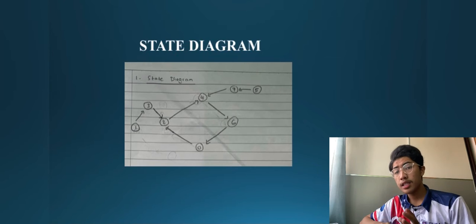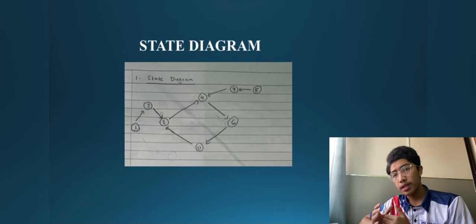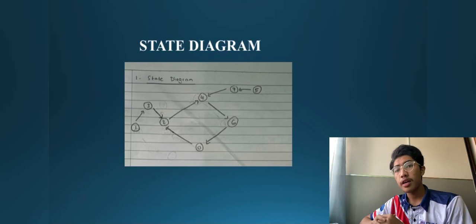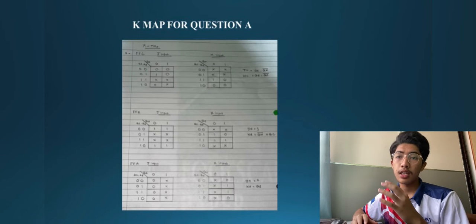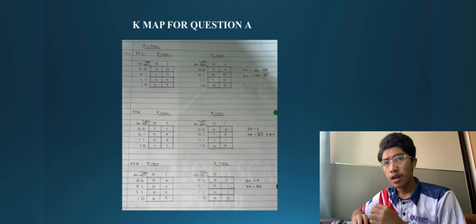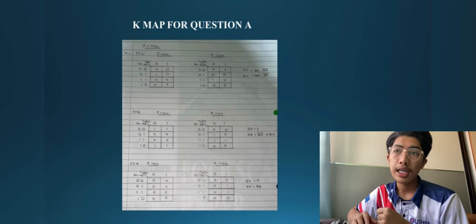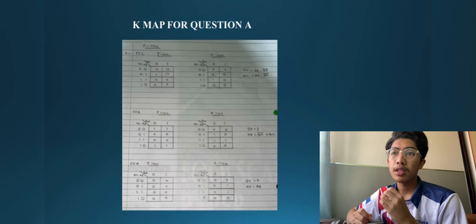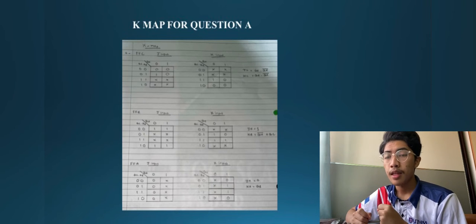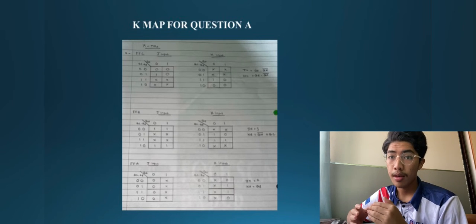Okay, next, this is our group design for the state diagram. And then next, this is the Boolean expression for question A. For FFC, we got JC equal QB multiply QA bar, and KC equal QB multiply QA bar.